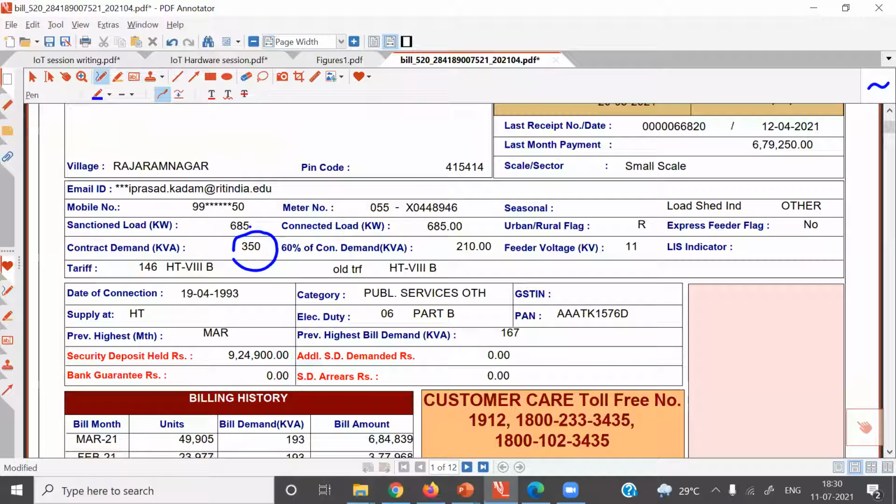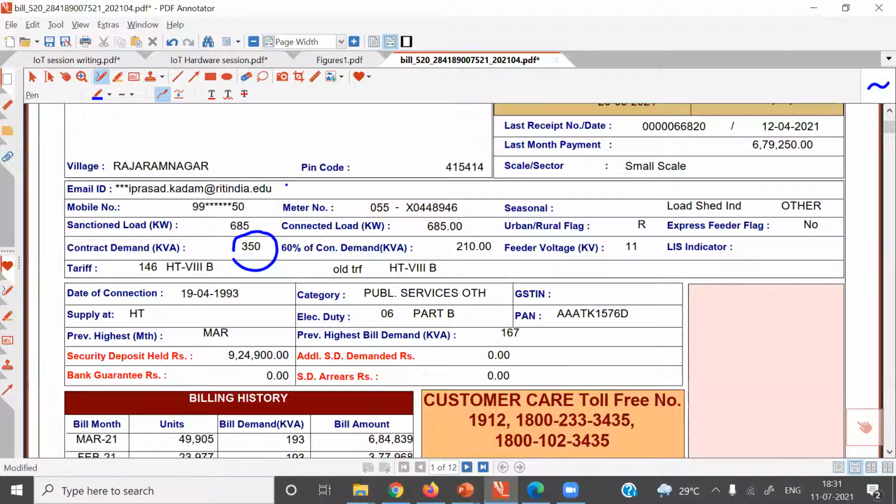Whenever we apply for an electrical connection, especially commercial or industrial, it is usually 3-phase. In the application, we must mention contract demand. In our application, we mentioned 350 kVA, and this contract demand depends upon how much electricity the industry or organization consumes monthly, and accordingly it must be mentioned in the application.